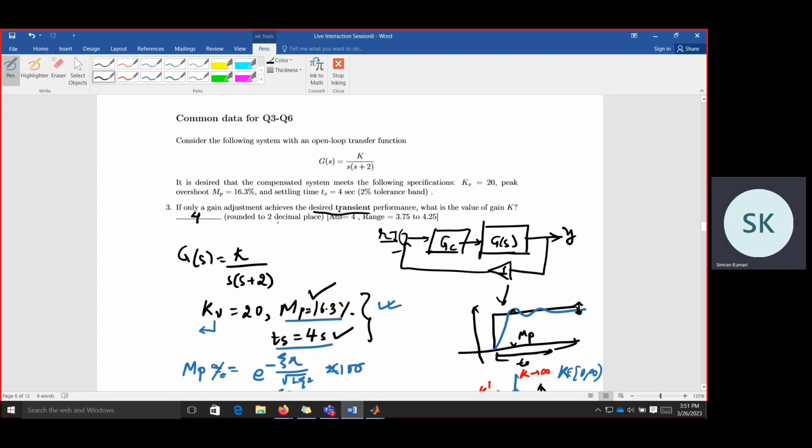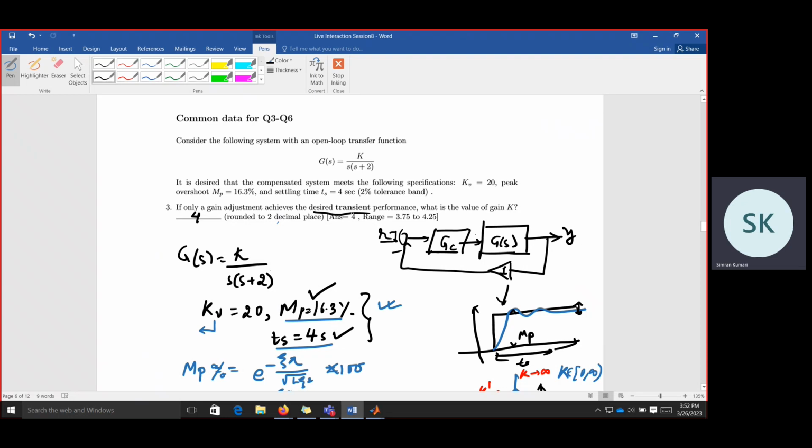Now the question is, if only gain adjustment achieves the desired response performance, what is the value of gain? What is the objective? To achieve the transient performance. You have gone through the lectures and seen that for improving the transient response, we follow different steps.